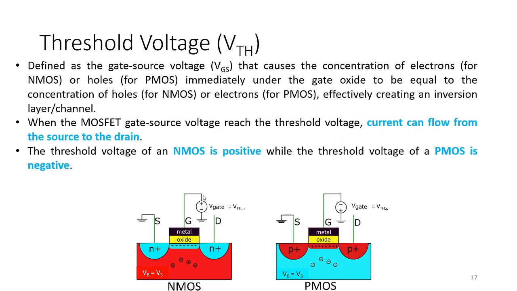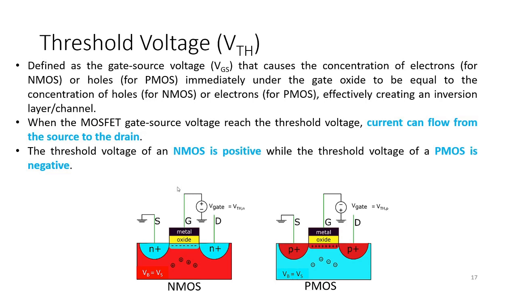Okay. So that means we can define the threshold voltage from that idea. The basic idea is the threshold voltage is the gate source voltage, the voltage across the gate and source, that causes the concentration of electrons for NMOS, because electrons are the components of the channel, and for PMOS it's holes, immediately under the gate oxide to be equal to the concentration of holes or electrons, effectively creating a channel, shown here.